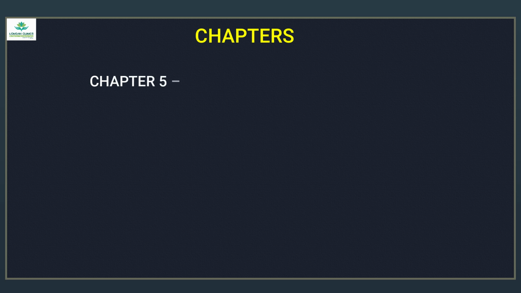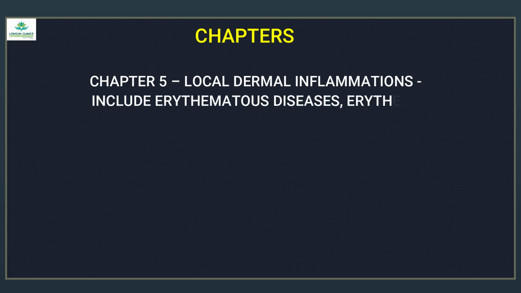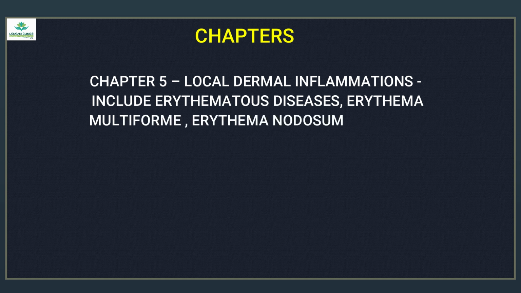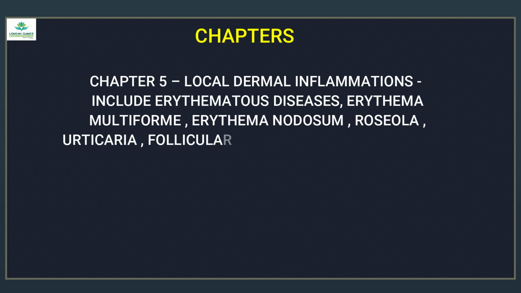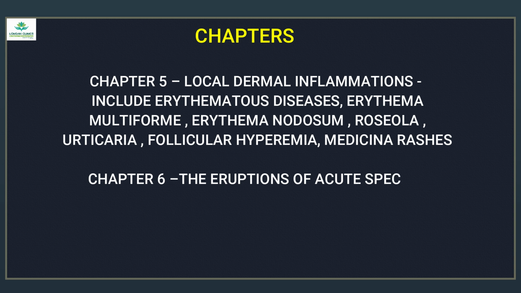Now we'll see chapter 5, what it contains. Local dermal inflammations, which include erythematous diseases, erythema multiforme, erythema nodosum, roseola, urticaria, follicular hyperemia, medicinal rashes. Then comes chapter 6.